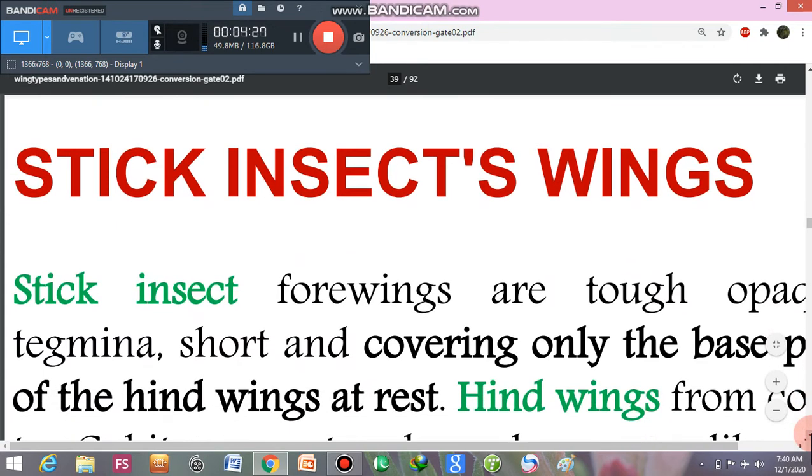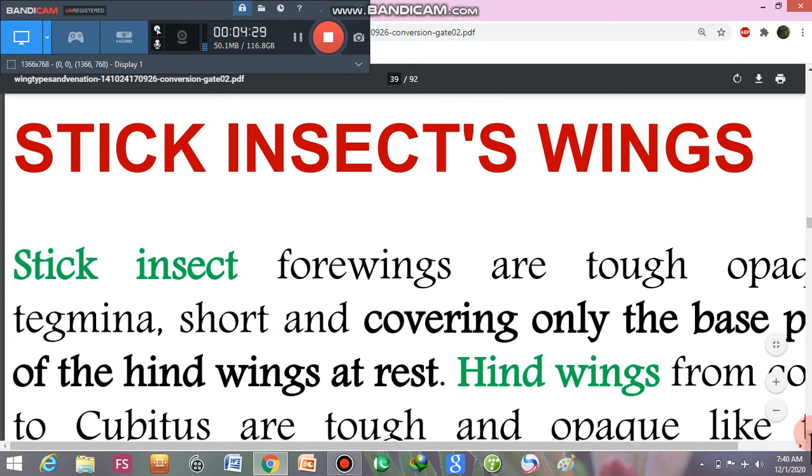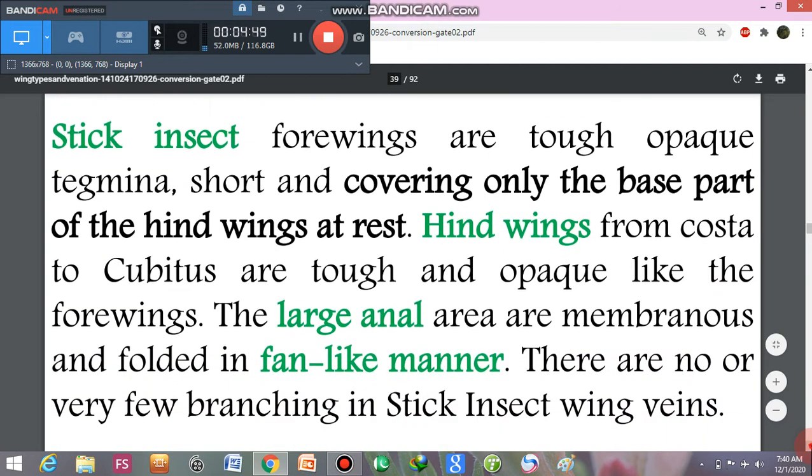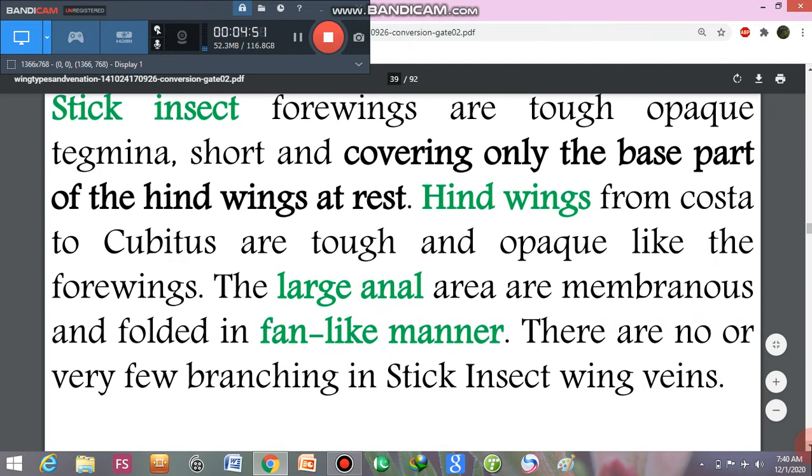Stick insect wings. Stick insects are very slim, or you can say slender, and they have very long length. Their forewings are tough, opaque, short tegmina covering only the base part of the hind wing at rest. Hind wings from the costa to cubitus are tough and opaque like the forewings.